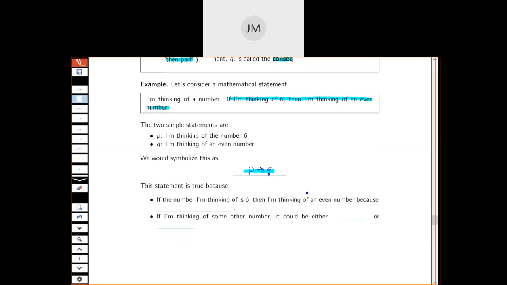Let's suppose that I'm thinking of the number 6. Well, if I'm thinking of the number 6, then I'm thinking of an even number because 6 is even. If I'm thinking of some other number, that other number could either be even or odd, right?